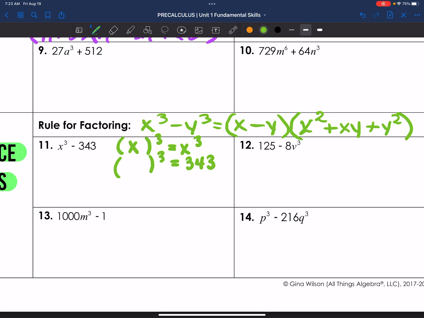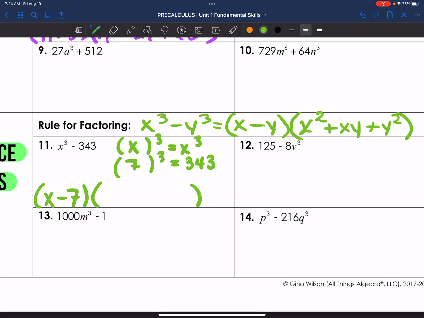What cubed is 343, you guys? That is 7. So now we're going to plug these two values in for x and y in our factored form. You've got your binomial times your trinomial. In your first binomial, you're going to take the difference of those two, so it'd be x minus 7.